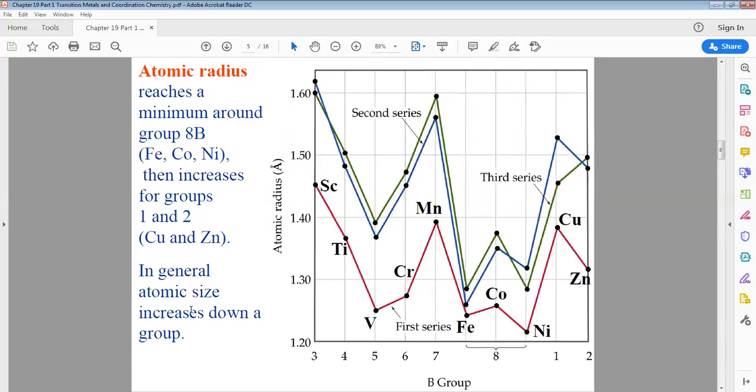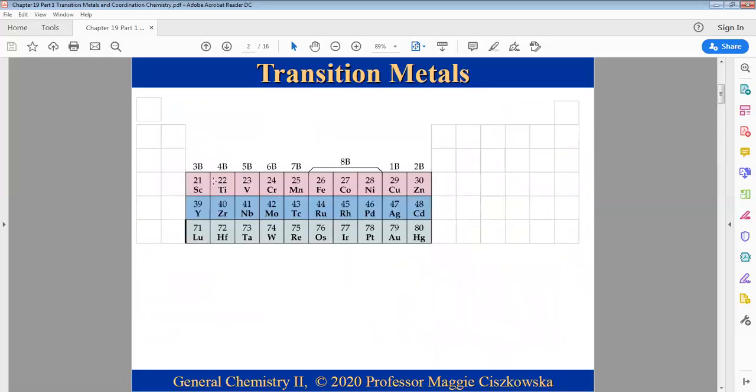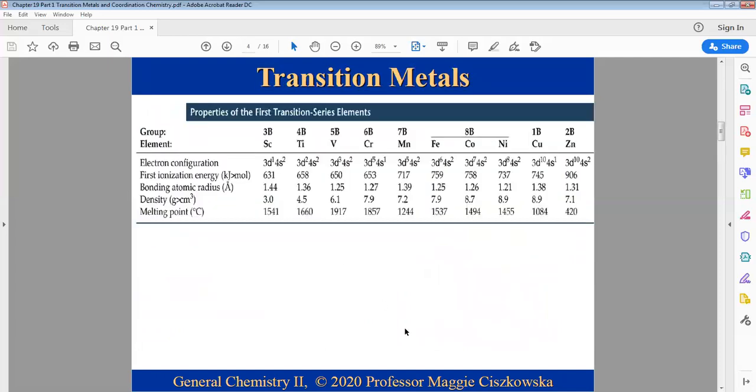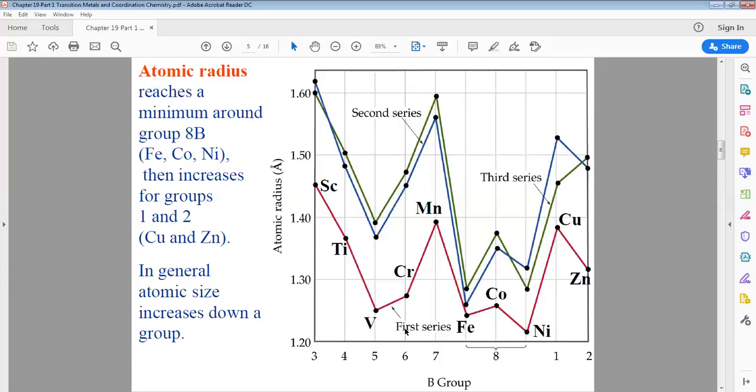However, in general, atomic size increases down the group. We know that because we will have more electrons. So if we go down the group, the atomic radius will increase because we will have more electrons.